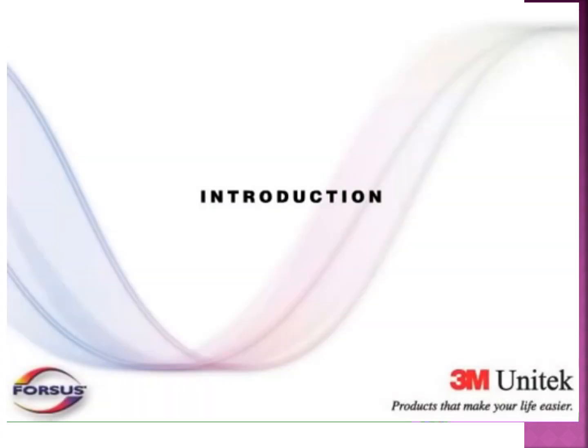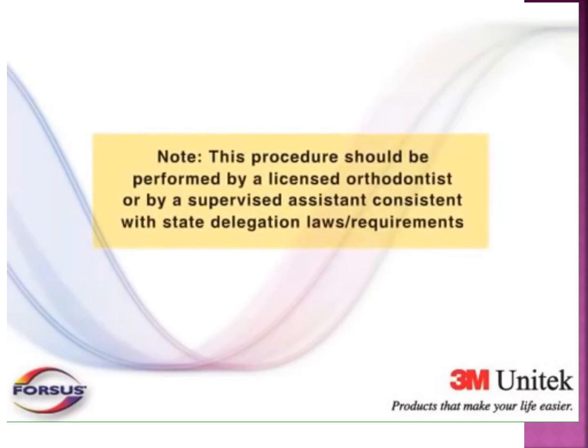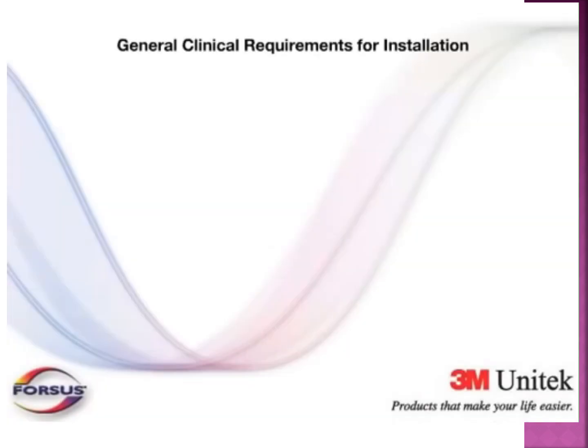And another similar device, but the following is a demonstration of the Forsus fatigue-resistant device, showing installation, reactivation, and removal using the Forsus Easy module. There are 4 general clinical requirements for the Forsus fatigue-resistant device.